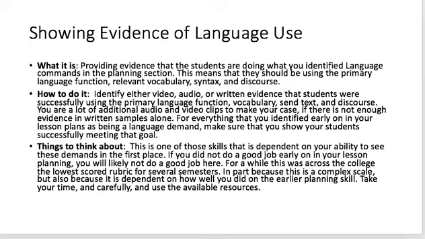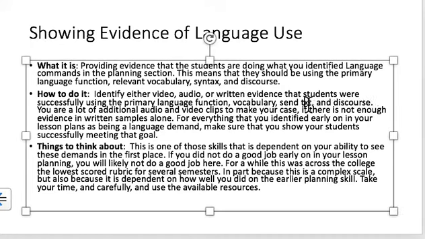But it's gotten better. How you do it, you identify either video, audio, or written evidence that students were actually successfully using the primary language function, vocab, syntax, and so on. I see a typo there that I never noticed before. How about that? There we go.